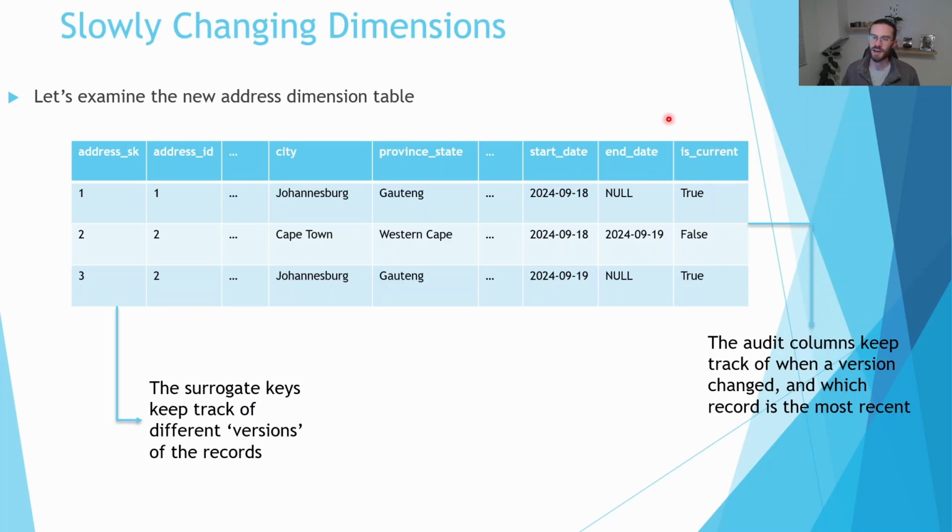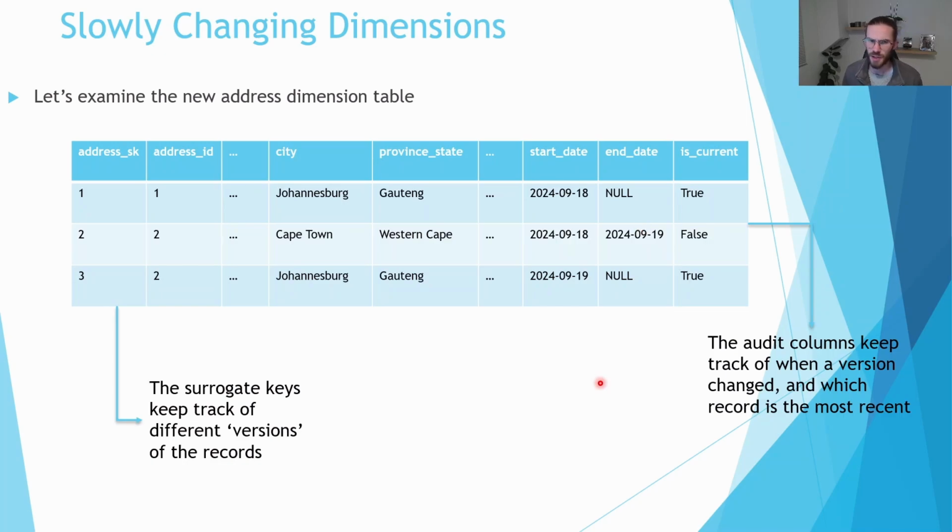You can think about the different analytical questions or representations of the data that come up. It's pretty common for folks to want to know what is the most current version of a record, not necessarily the history. But of course, when we do want to answer questions across the history of the dimensions, we have that data available to us.